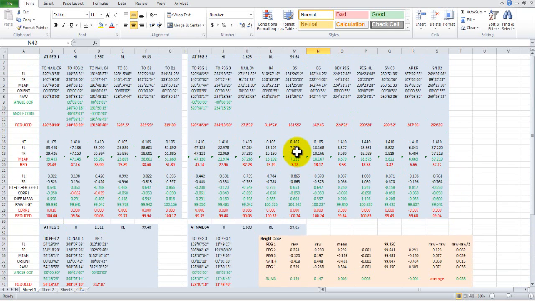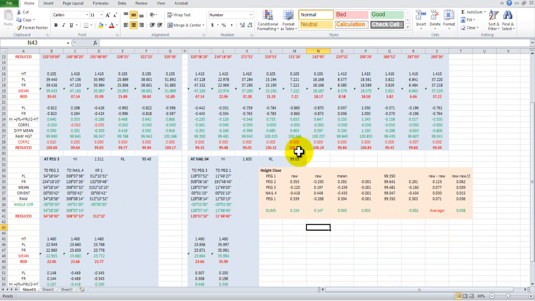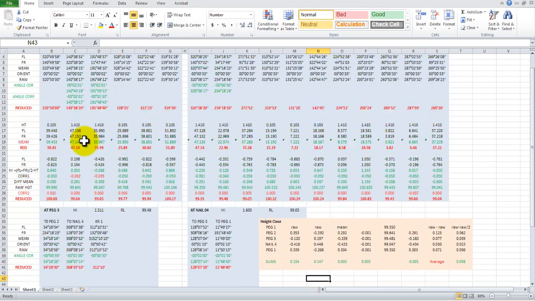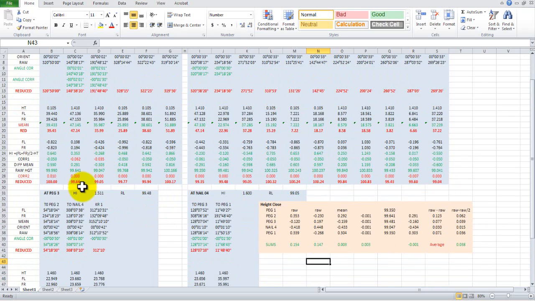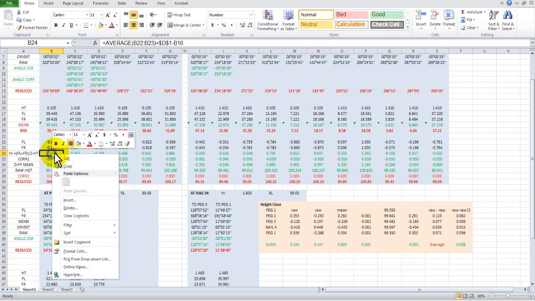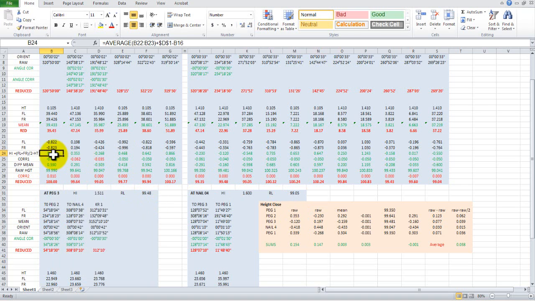But what I suggest you do in the meantime, with your data and the way that you record it, is first of all get your bearings sorted, get your distances sorted, and get your heights worked out to the point where you can at least get these raw values, the values here that I'm pointing to.